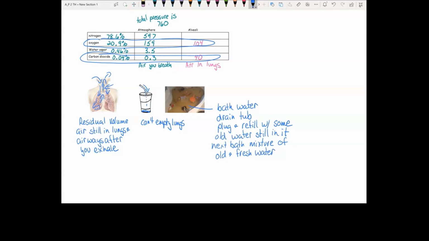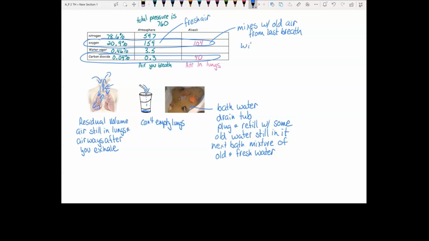That's what happens when you breathe. This is the fresh water, or the fresh air, you breathe in. But then it gets in your lungs and it mixes with the old air from your last breath. So that is why the oxygen in your lungs is lower than the oxygen in the air, and the carbon dioxide in your lungs is higher than the carbon dioxide in the air.